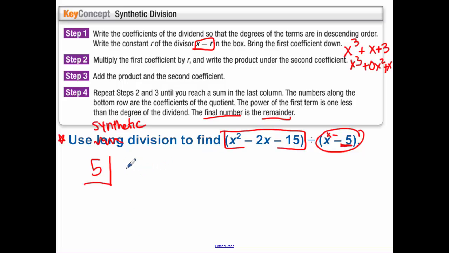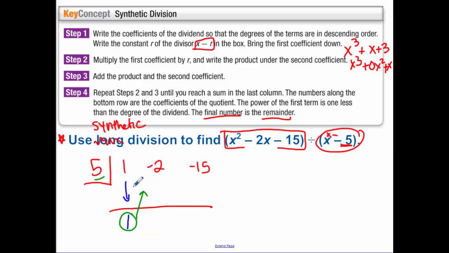So take those coefficients. My coefficient on the x squared is 1. My next coefficient is negative 2. My next coefficient is 15. Okay. Now what it means is bring the first coefficient down. Slide that 1 right on down. Then you take the 1 times the 5.